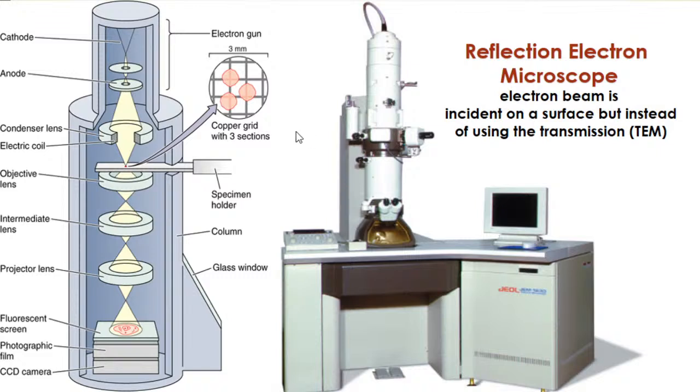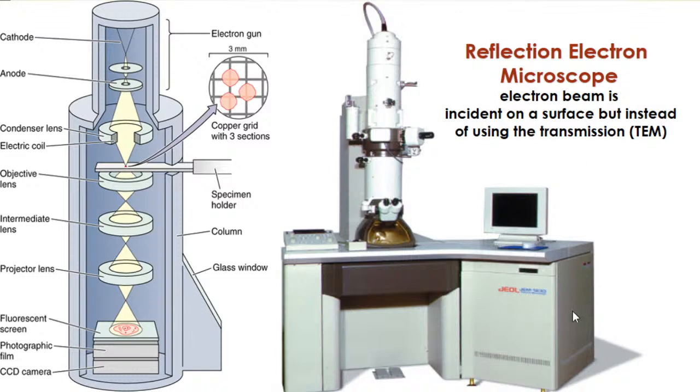And this electron beam migrates through the series of the condenser lens, electric coil, objective lens, intermediate lens, projector lens, and all is collected on the fluorescent screen or a special camera which makes the photograph.